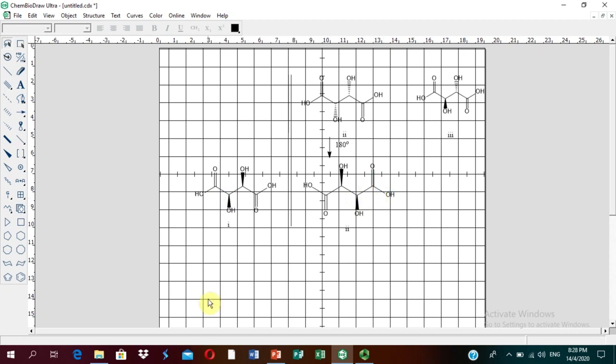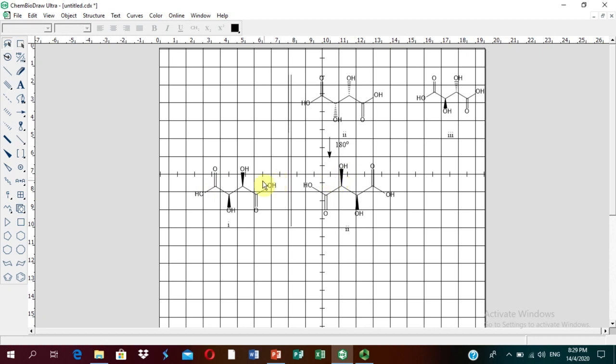So what can you see here? On the first rule, this number 2 is the image of number 1. Okay, and then if you bring these molecules together and try to overlap them, you will not get an overlapping structure.